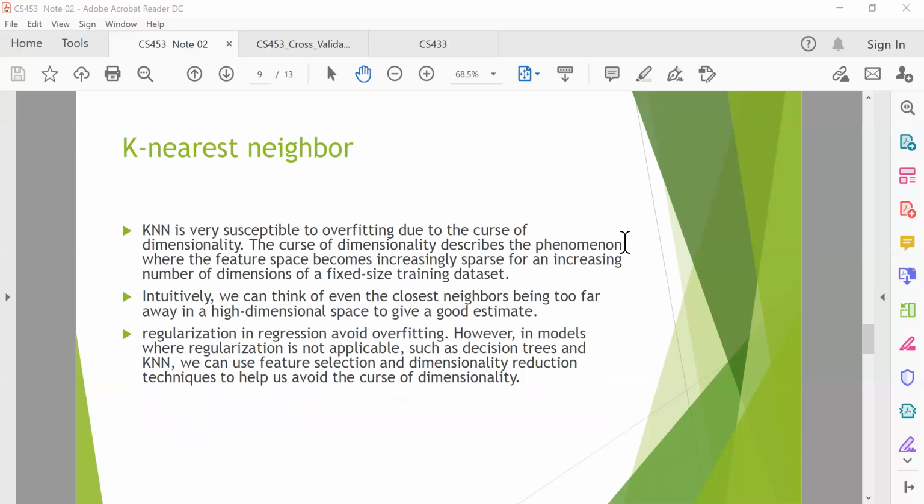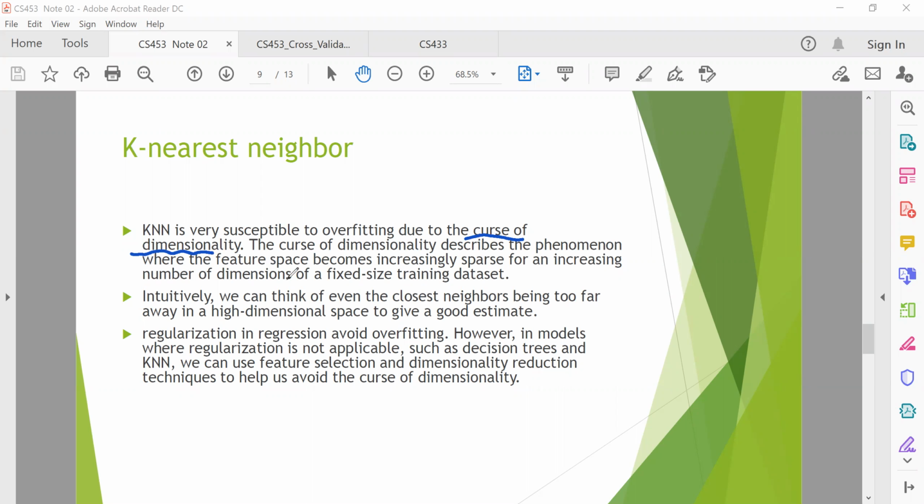Next, K nearest neighbor is susceptible to overfitting, due to what is called the curse of dimensionality. This is a term to remember in machine learning. So what is the curse of dimensionality?